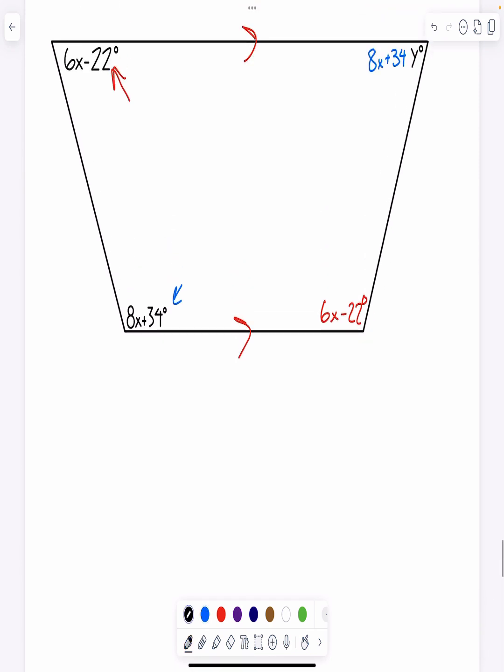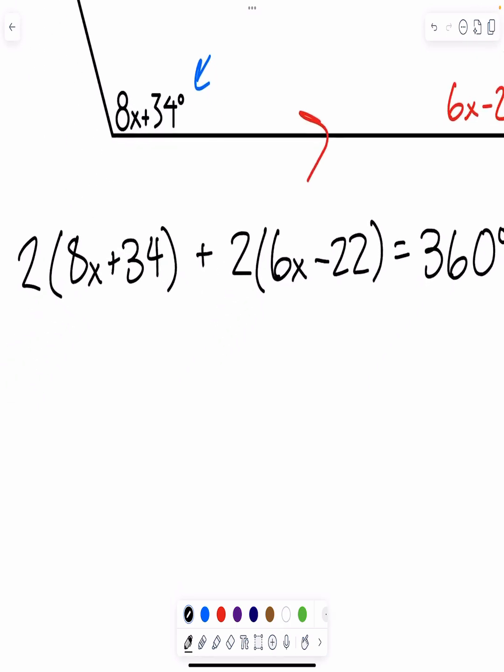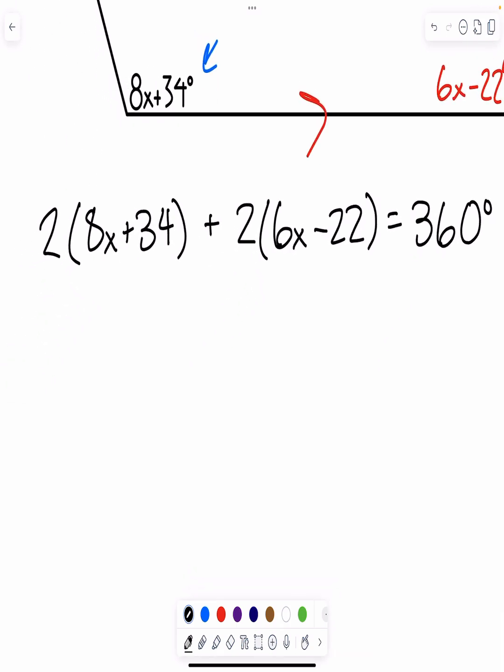So I'm going to have 2 times (8x plus 34) plus 2 times (6x minus 22), and that is equal to 360 degrees. From here, I'm going to simply use the distributive property to distribute within the parentheses.